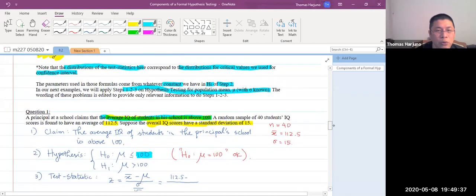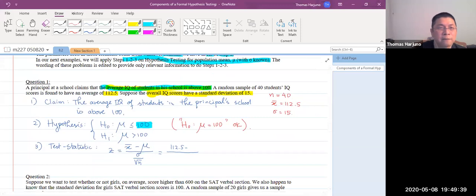That's why they write it as equal to instead of less than or equal to.